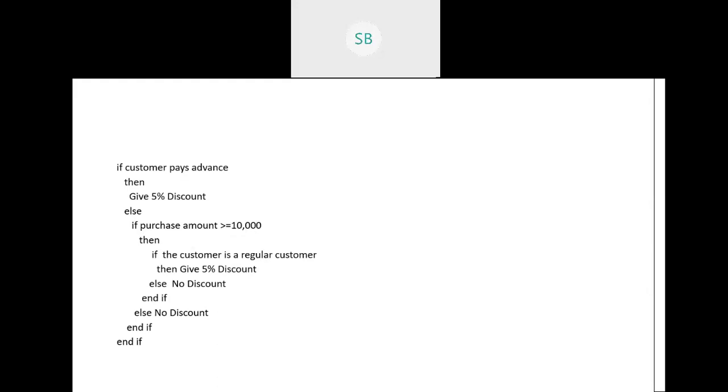If the purchase amount is greater, then we need to check another condition, whether the customer is a regular customer. If yes, then give them 5% discount, else no discount. So end if, else no discount. And then end if, end if. So basically we are using this looping structure, else if statement, in the structured English.